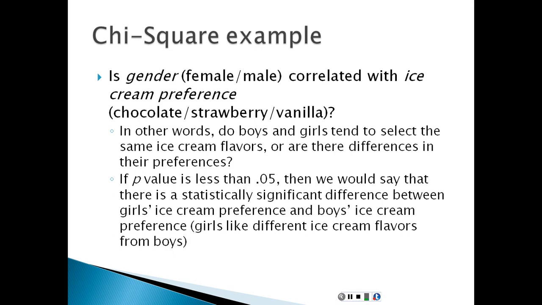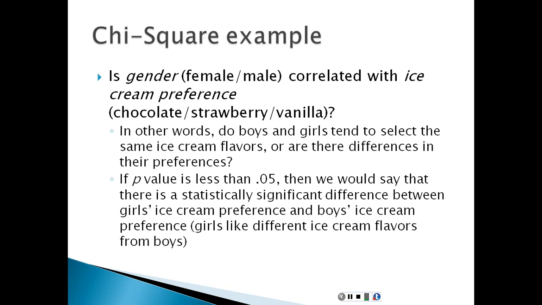I can't say, give me your top 2 or give me your favorite 2, because then each person would be contributing to more than one cell of the chi-square table. So in order to complete a chi-square table, one of the assumptions is independence.